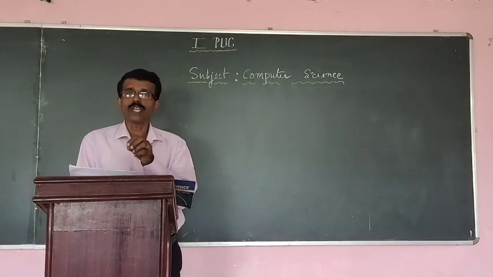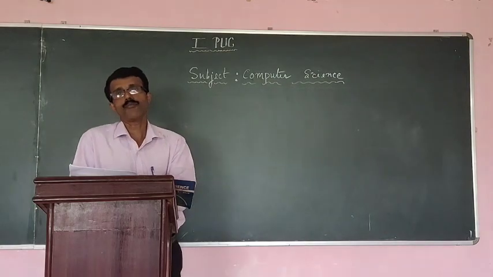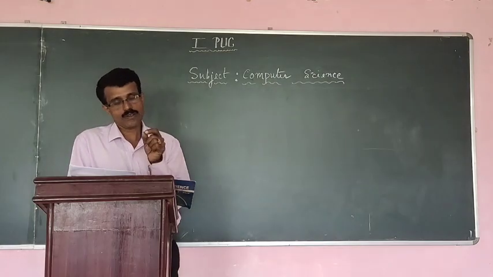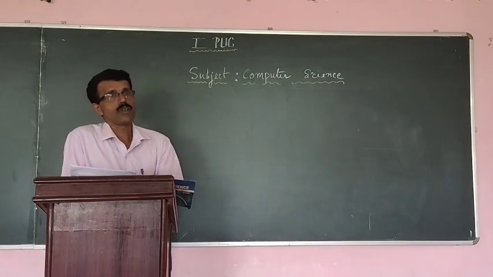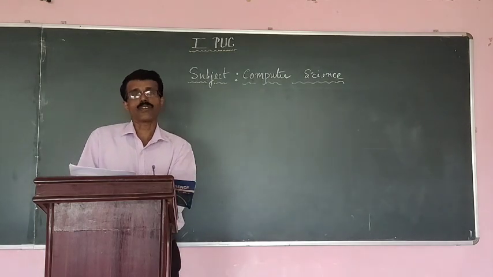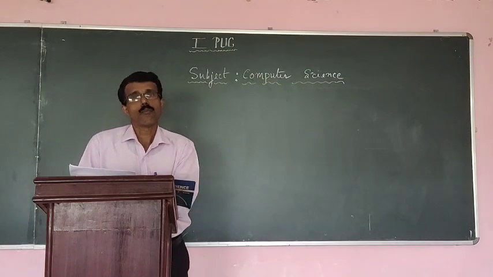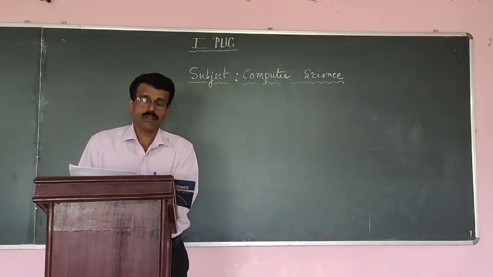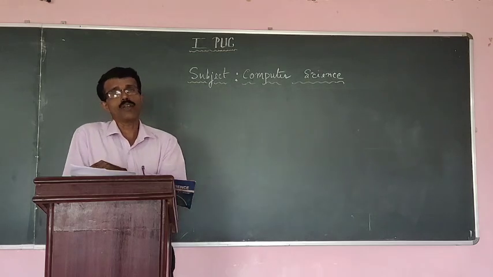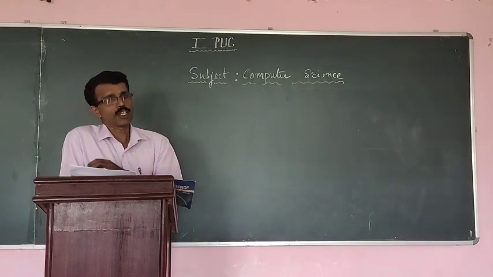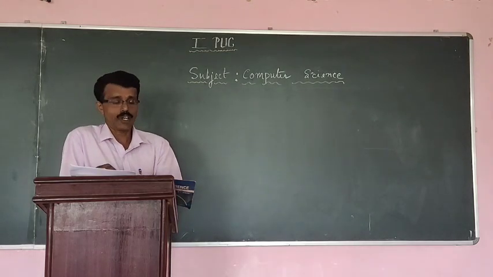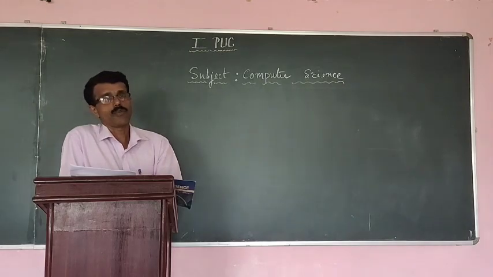In order to keep data inside the computer, it uses certain memory devices. Internally, it has two types of memory: primary and cache memory. Externally, it uses secondary memory devices.